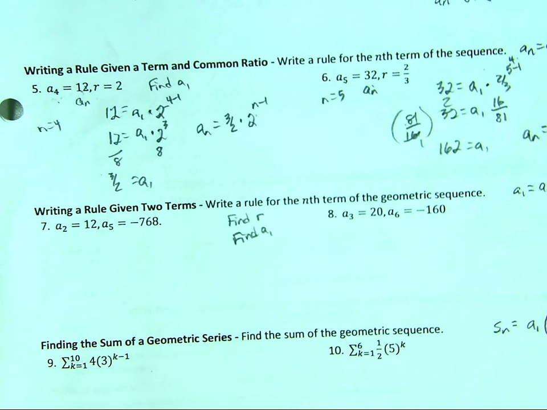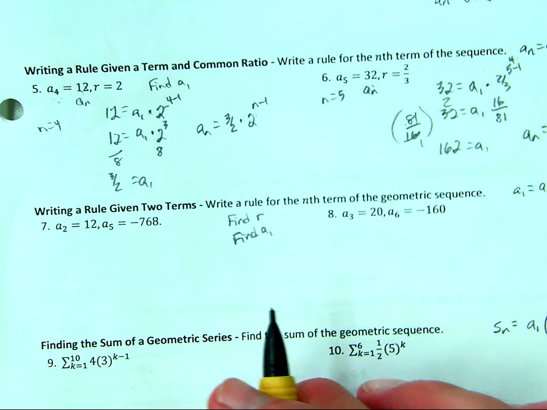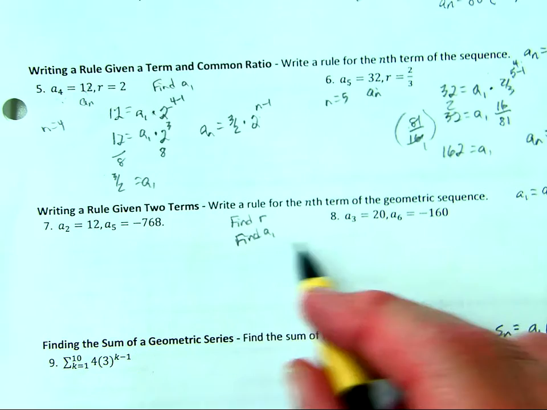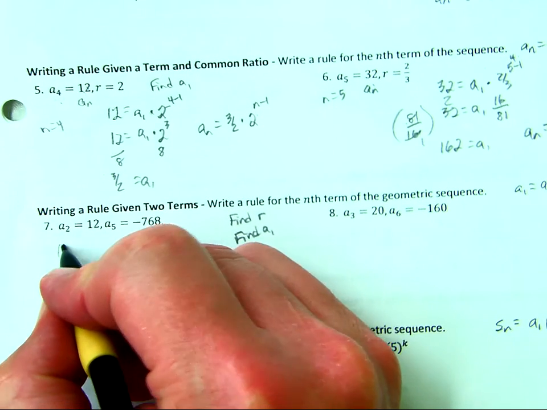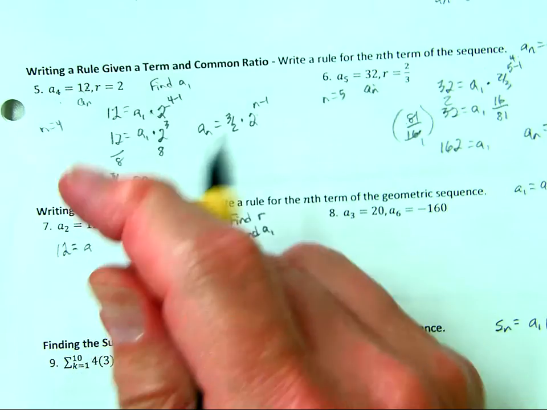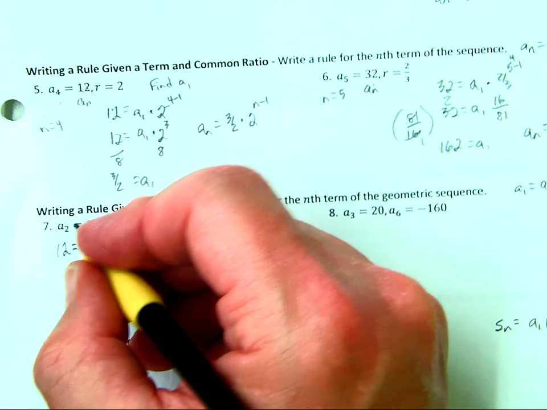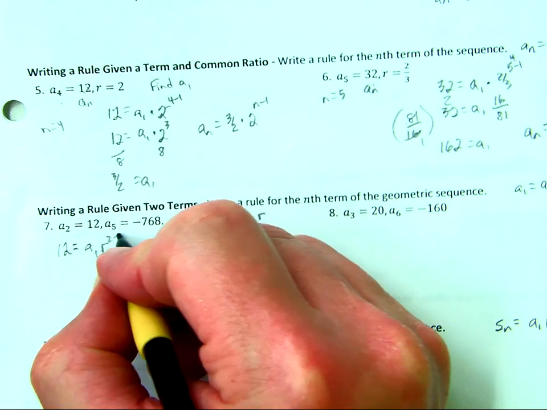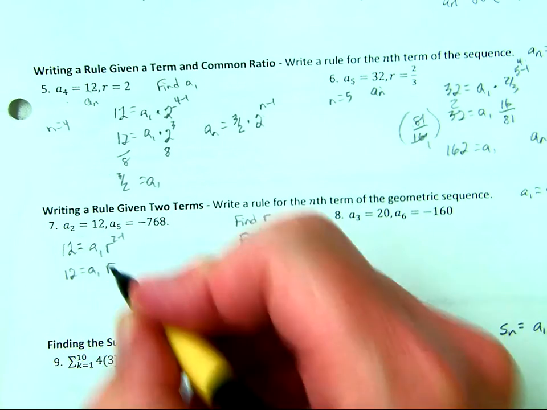So first, to find r, if we plug into that formula twice, let's use this for a sub n, that would give us 12 equals a sub 1 times r to the 2 minus 1. So 12 equals a sub 1 r.